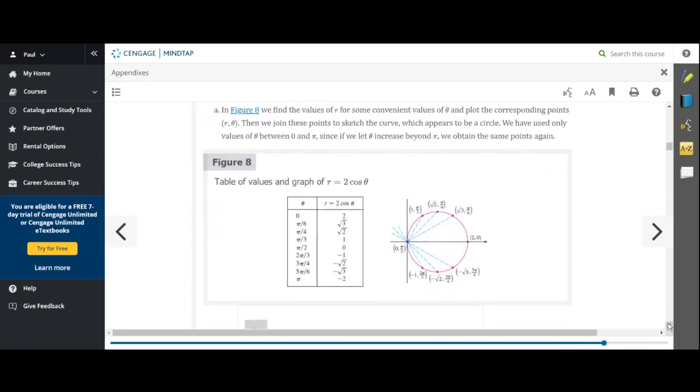For this problem, what they do is they make a table of values. Remember when you first learned to graph functions, a function in terms of Cartesian coordinates is y equals a function of x, right? Y equals x squared, y equals the sine of x. Those are Cartesian equations.